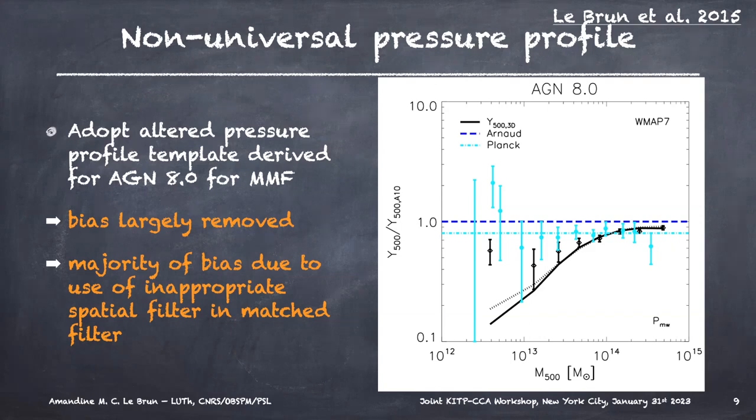So they use a conversion factor to go from the signal they measure, which is Y5R500, to Y500, and that conversion factor is always the same, and it's computed for this best fit analytical profile. And given that this profile is not what we have in the simulation, even if we use our best fit profile to compute the conversion factor, there are still things that remain.